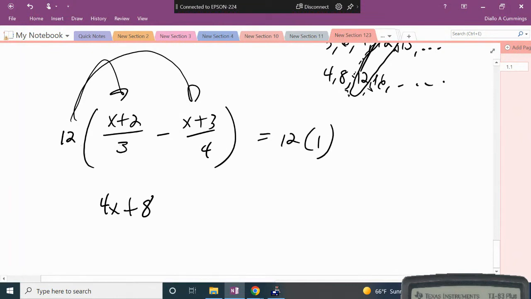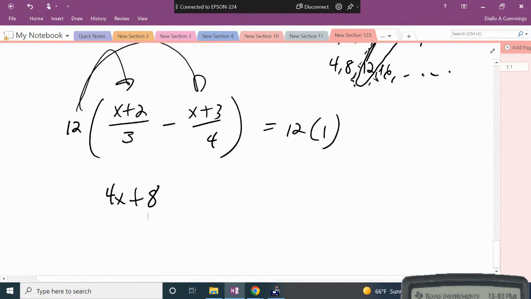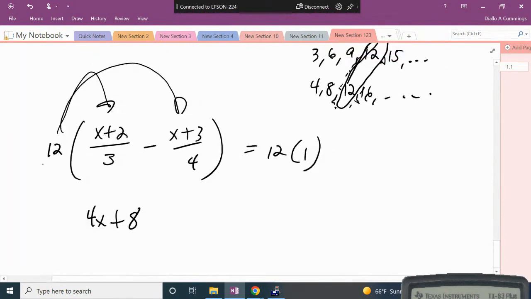All right. Now I'm going to distribute 12 by that second term. Notice I reduced the 12 to a 4 in the first term because the denominator was 3, but now I'm distributing 12 by the second term. The 12 and the 4 are going to reduce to a 3. So 3 times, and I would also have to distribute this negative.